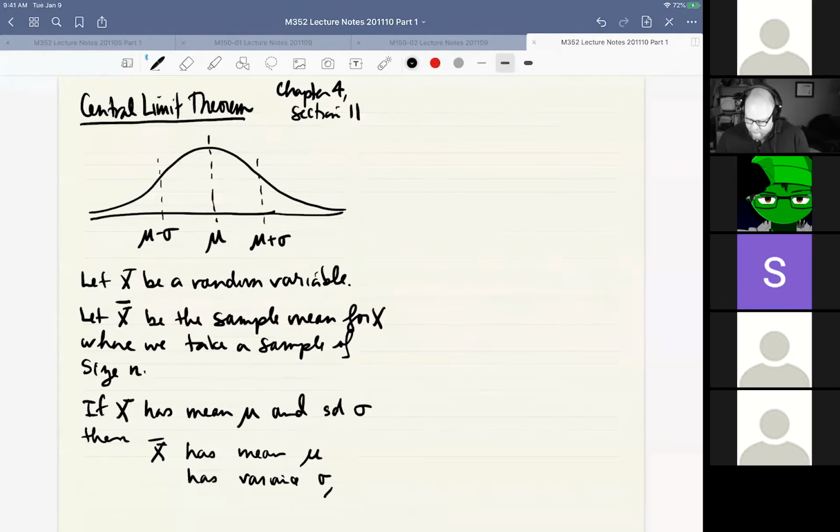Let's just be consistent. The mean of x bar is the mean of x, and the variance of x bar is the variance of x divided by n.